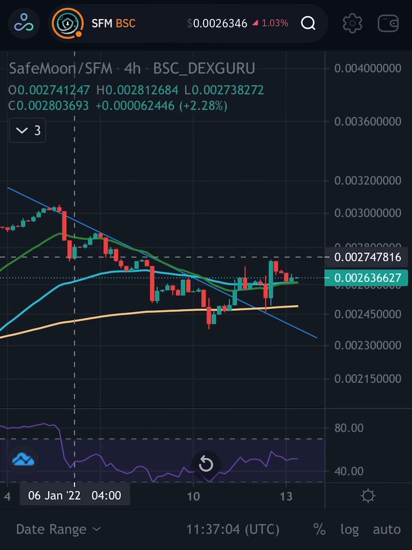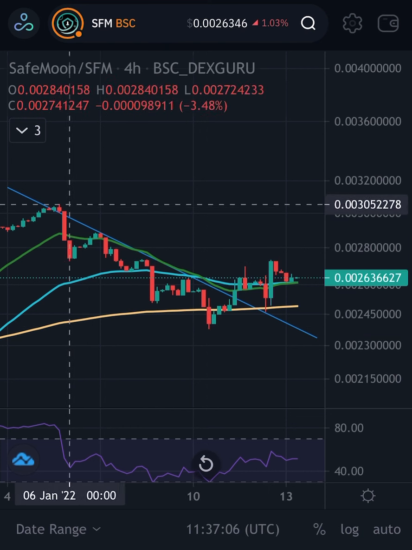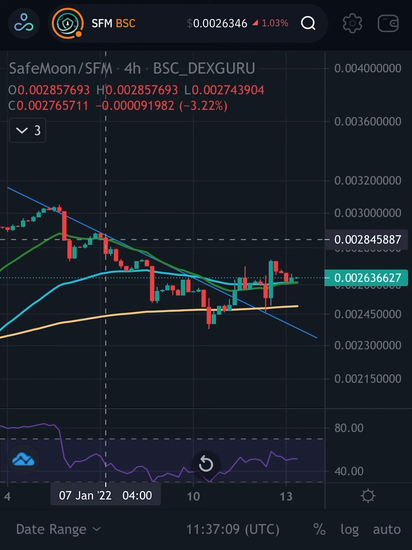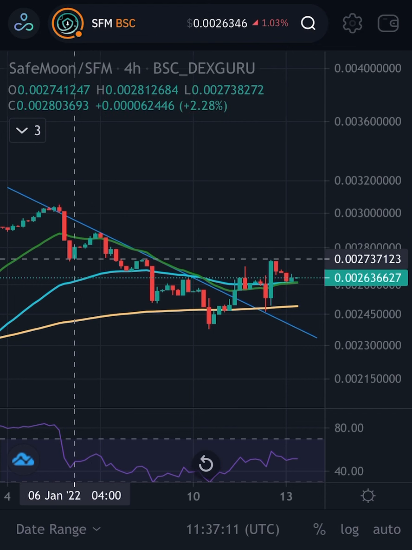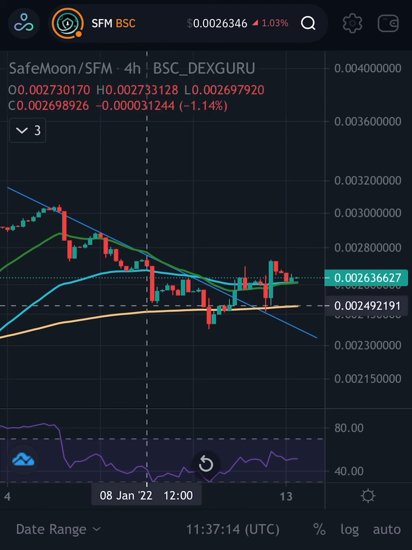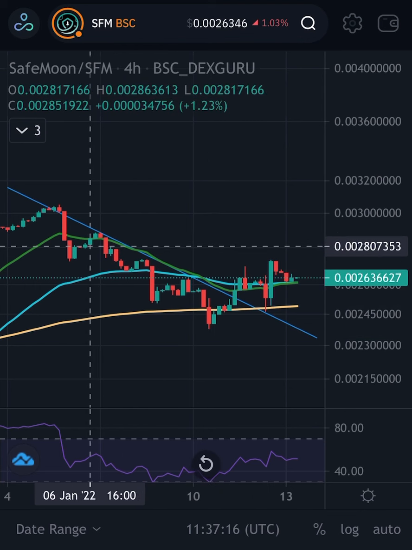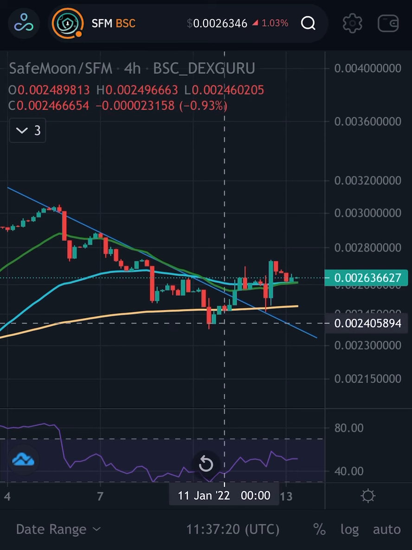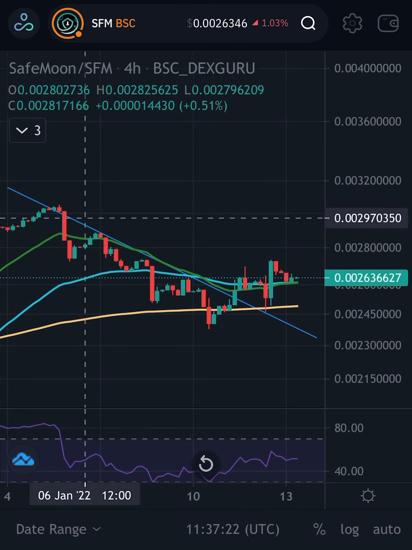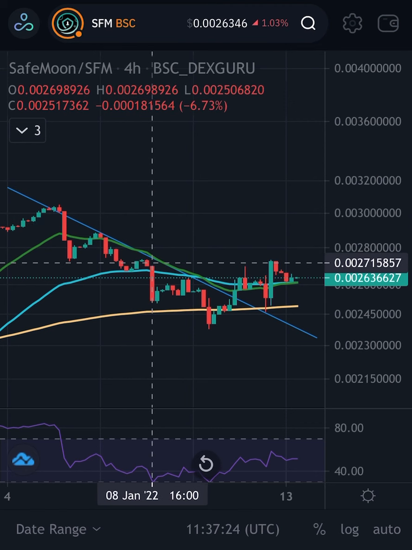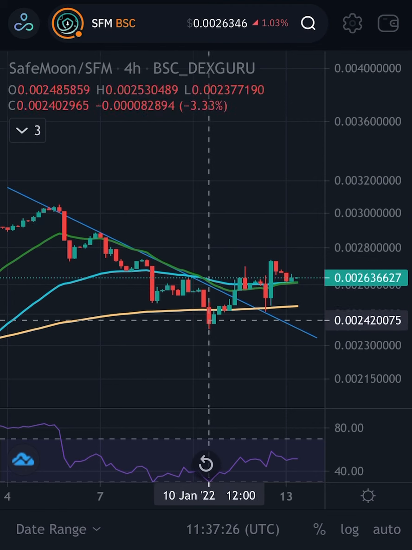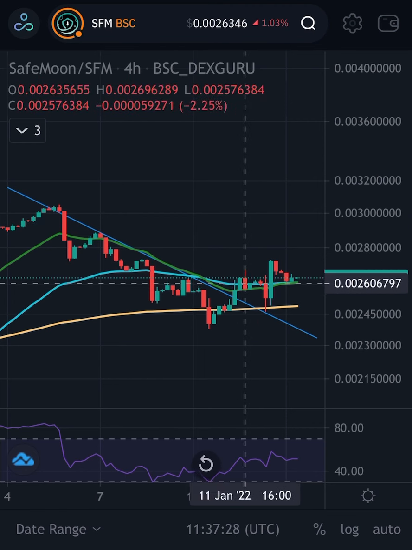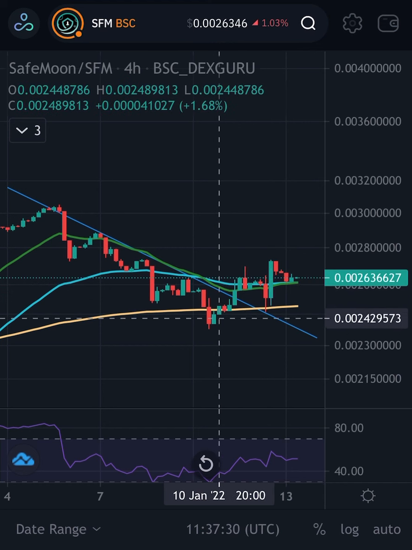If we're making lower lows and lower highs, so that's the highest high and then a lower high, then we have a lower low, and then a lower low again, that's basically what a downtrend is. We see lower lows, as well as a lower high and a lower high, until we broke out of the trend. Now we're making a higher low.